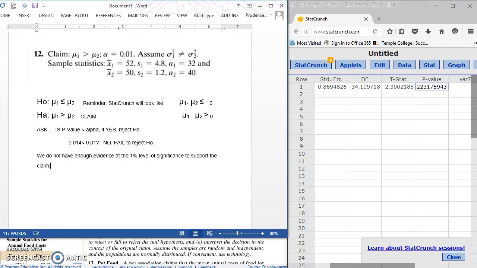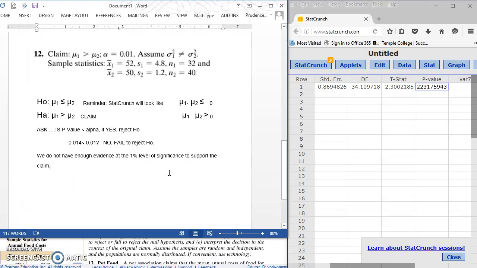So we don't have enough evidence. We failed to reject H sub O, so there's no evidence to support H sub A. The only way you have evidence to support H sub A is if you reject H sub O, and we did not. So that would be your interpretation for number 12.